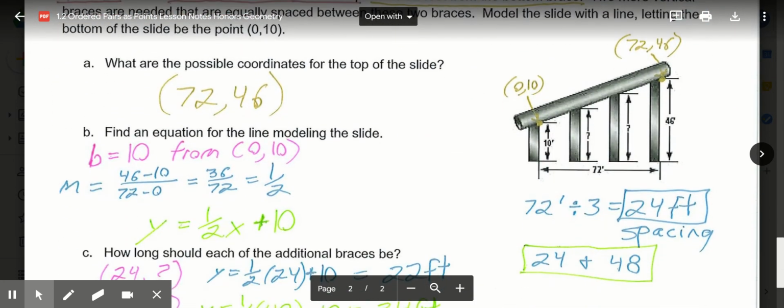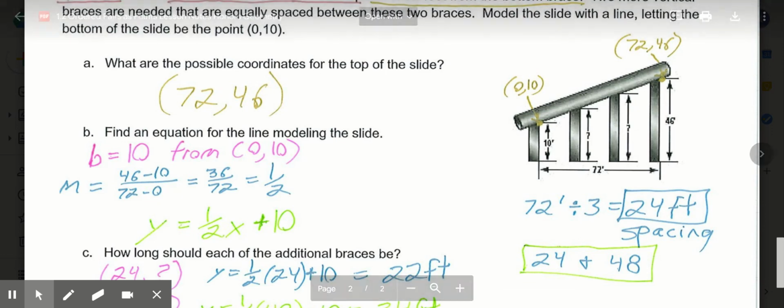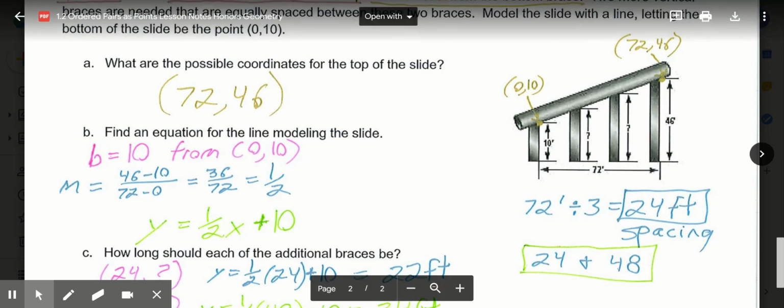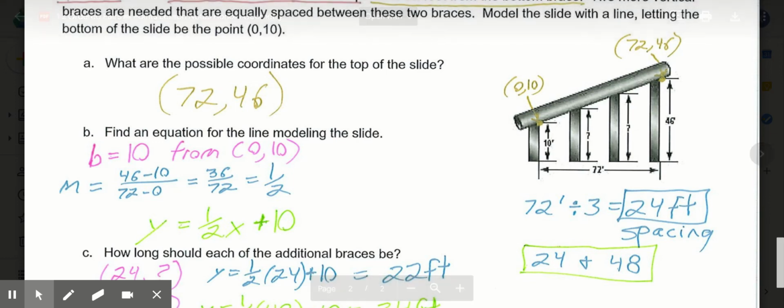So first we want to find our slope, which in this case would be change in y over change in x, 46 minus 10, and 72 minus 0. That comes from these 2 coordinates. That gives us 36 over 72, which simplifies to 1/2.